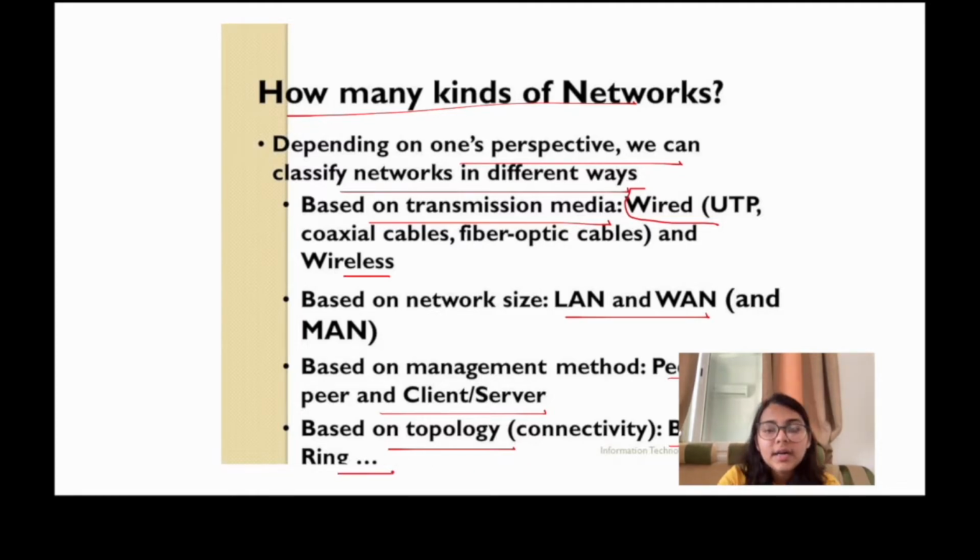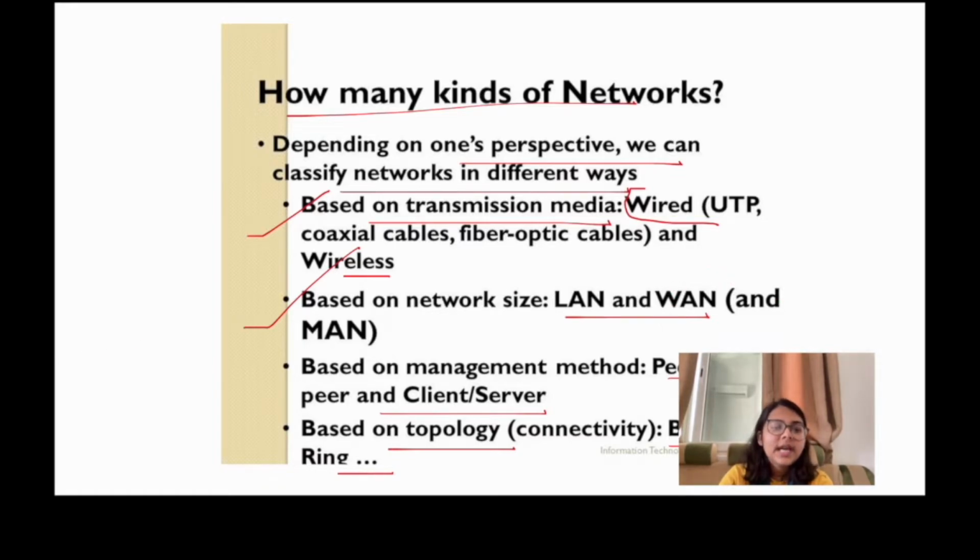In today's class we are focusing more on these two classifications, based on transmission media, that is wired and wireless, and based on network size, that is LAN and WAN. LAN means local area network and WAN means wide area network.